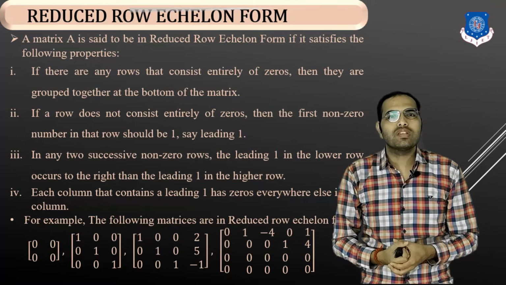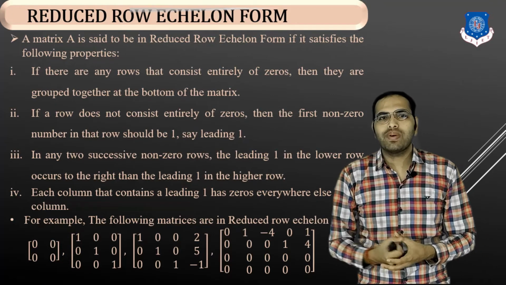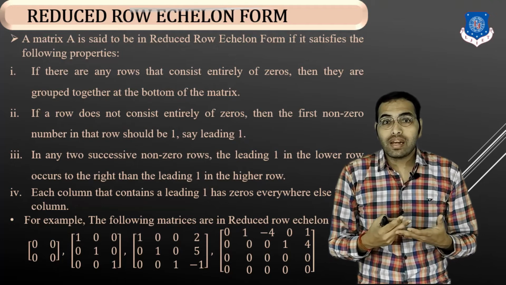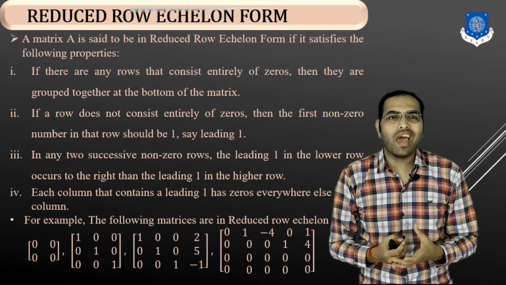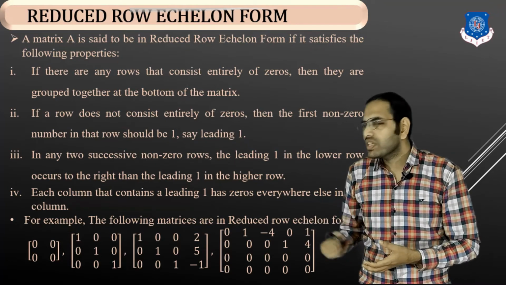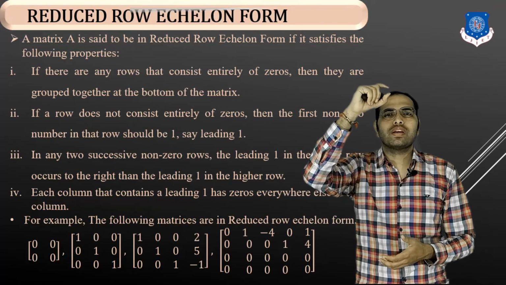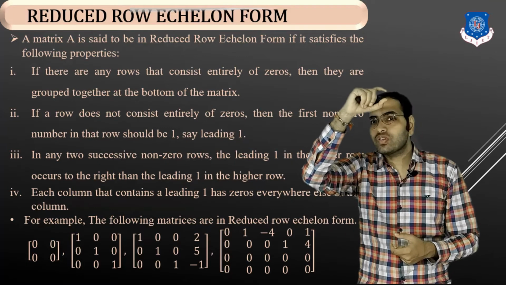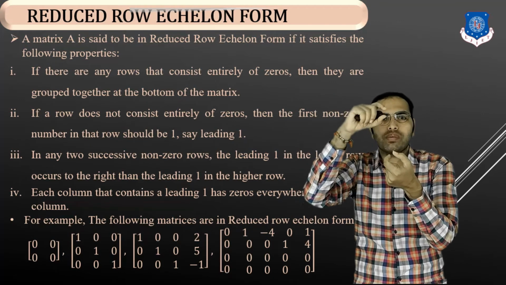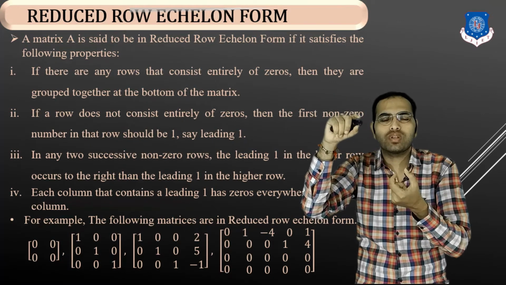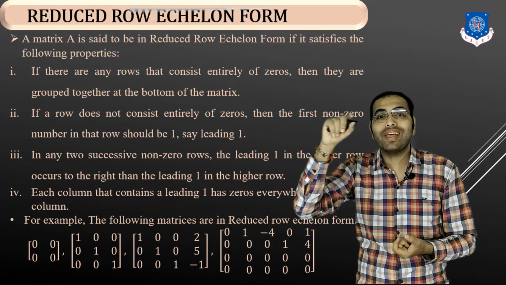The second one is 1 0 0, 0 1 0, 0 0 1, that is the identity matrix. In this matrix there are non-zero rows present but zero rows are absent, so the first condition is automatically satisfied. For the second condition, the first row has its leading element in the first position, the second row has a leading one at the A22 position, and the third row has a leading element at the A33 position.